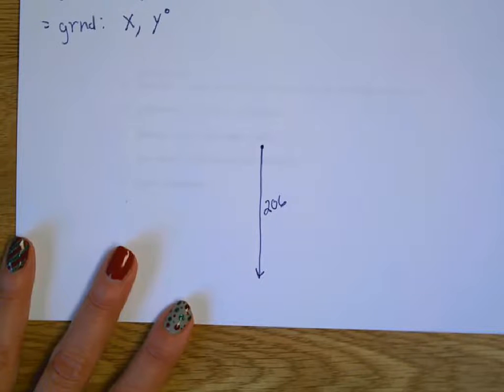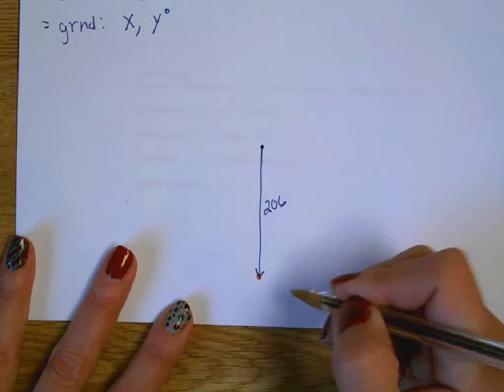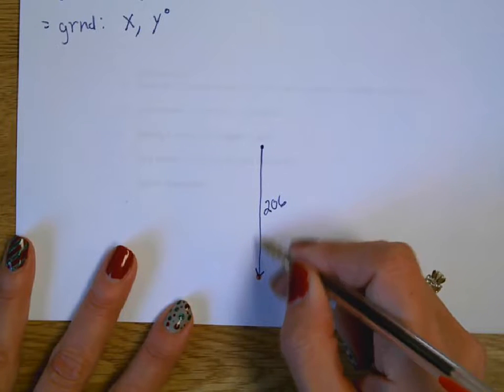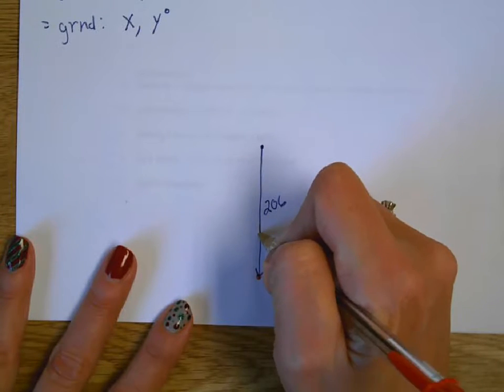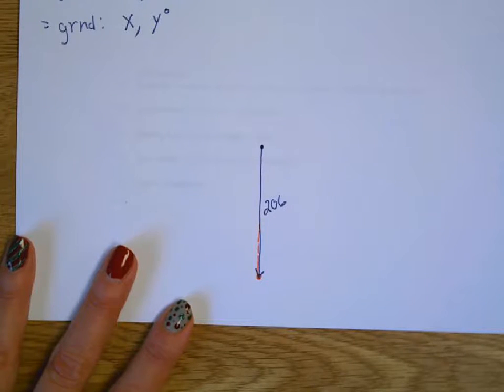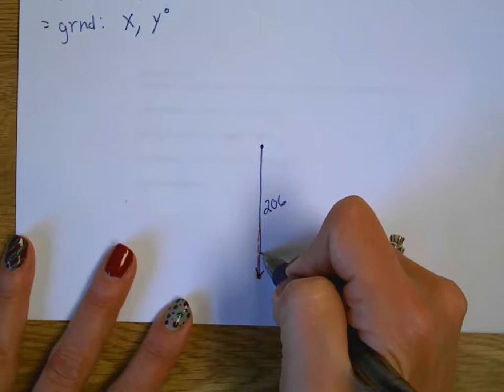Okay, we're going to add on the wind. I have to add it on starting from the arrowhead and then a north line. So where's my north line going to be? Right on top of my airplane vector. So I'll just kind of show it off to the side here. There's my north line. How much do I rotate? 236. Oh yeah, down here.